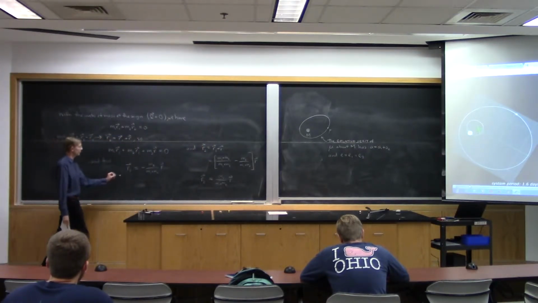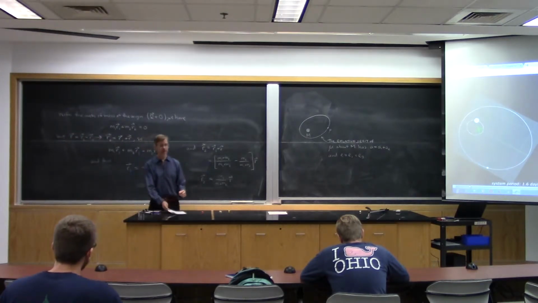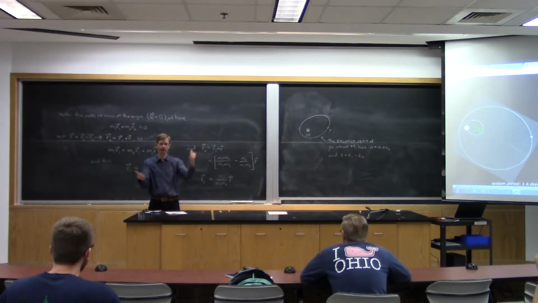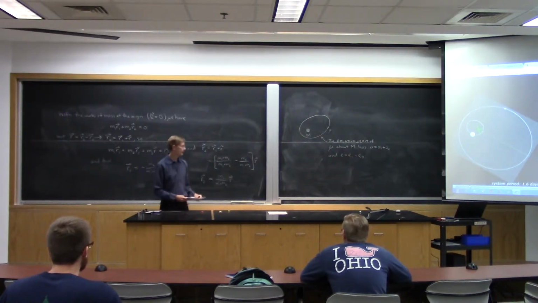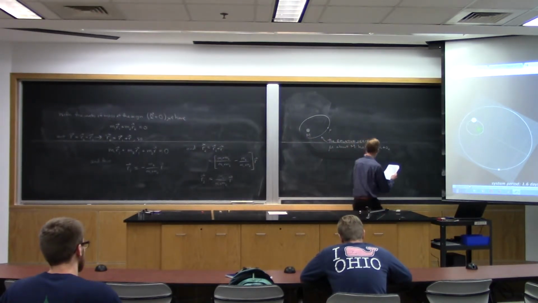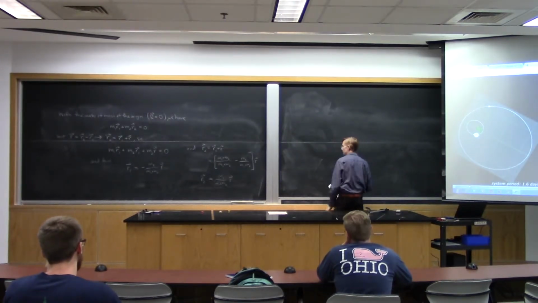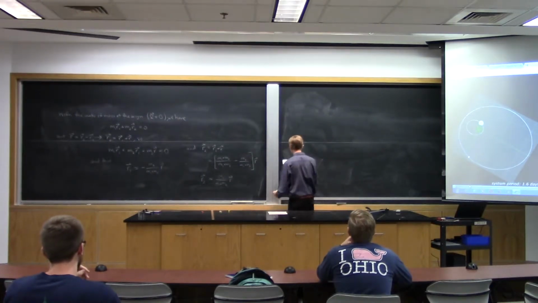And it makes sense that one of them has a minus sign and the other one has a plus sign, because remember, with the origin at the center of mass, the two position vectors have to be going in opposite directions. So one of them is going to need the minus sign and the other one's going to need the plus sign. But a better way to write this is to use our definition of mu.